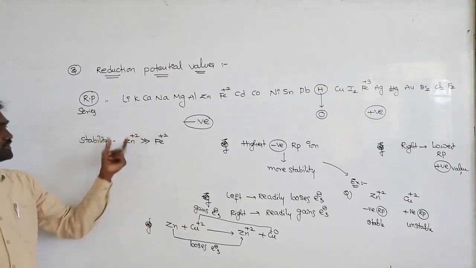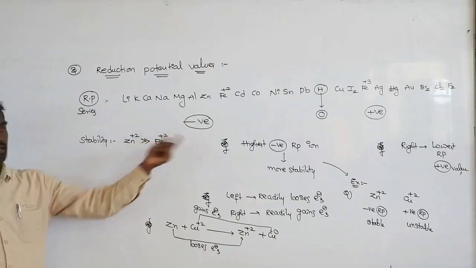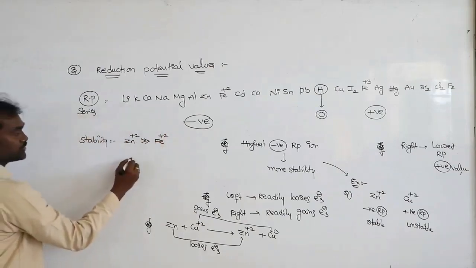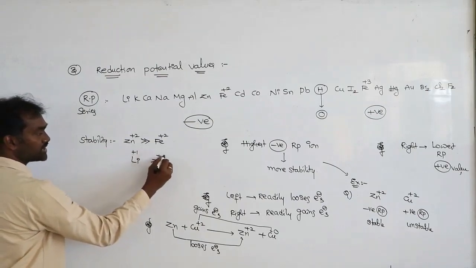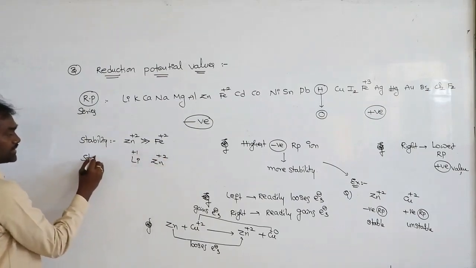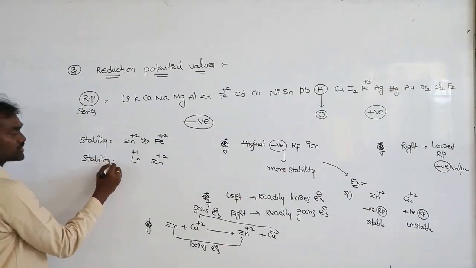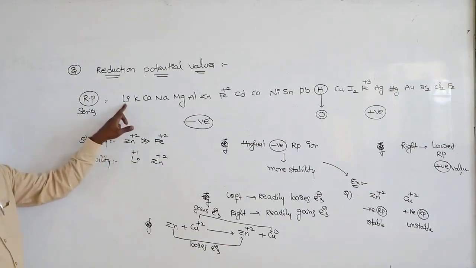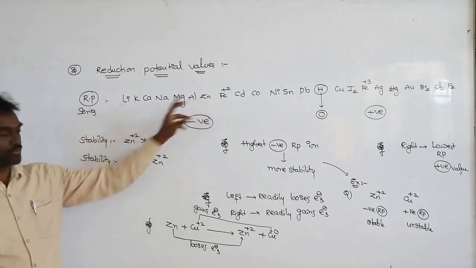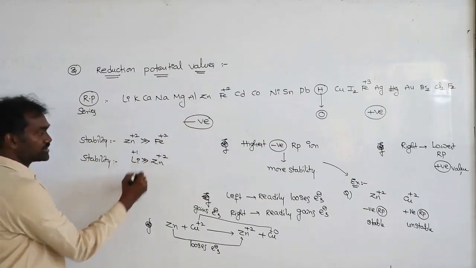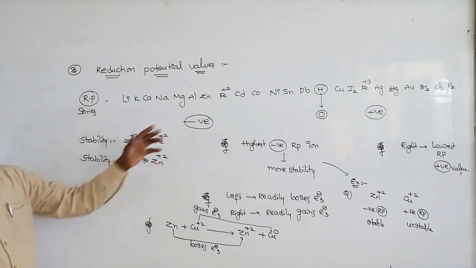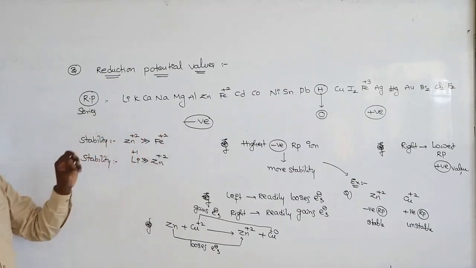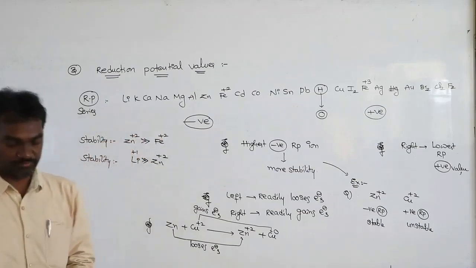The left ion has more stability. Suppose you take lithium and zinc: lithium is plus 1, zinc is plus 2. Which ion is more stable? The left side ion is more stable than the right side. So lithium is a more stable ion than zinc plus 2. So reduction potential explains which ion is more stable.